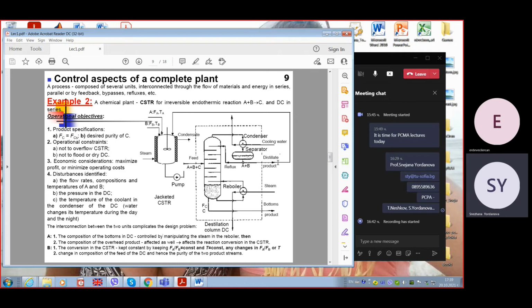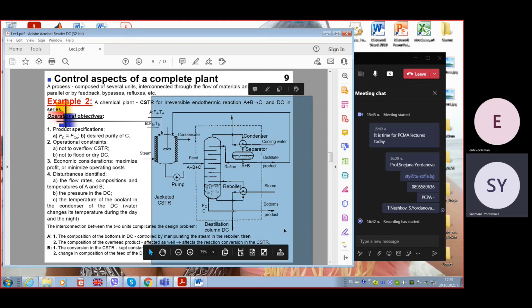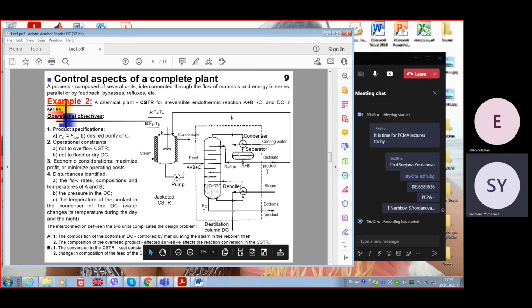distillate. So the distillation column separates two components, and because here we have A and B at cold temperature, it is returned to the first installation, together with the new A and B products. So we cannot keep the desired fixed ratio.